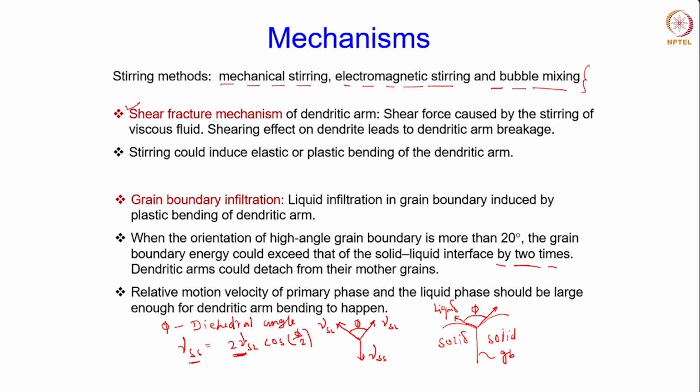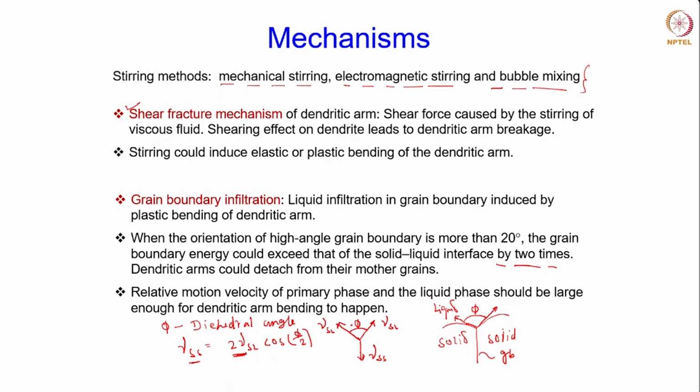Okay, so when a condition like that prevails, then the liquid would penetrate the grain boundary, because that will reduce the overall energy of the system, right? Simply because the solid-solid interfacial energy is now more than 2 times the solid-liquid interfacial energy, right?